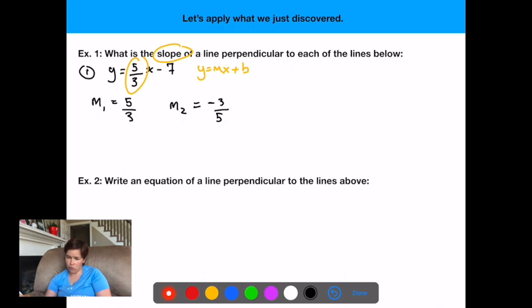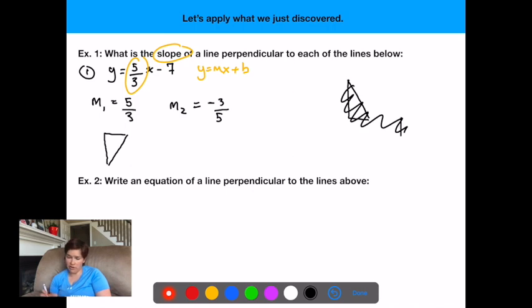5 over 3, rise of 5, run of 3 would look something like that. Okay, rise of negative 3, run of 5. Oh, actually, I drew that last one backwards. There's no eraser here. Rise of 3, run of 5 would be a triangle looking like that for my right triangle.